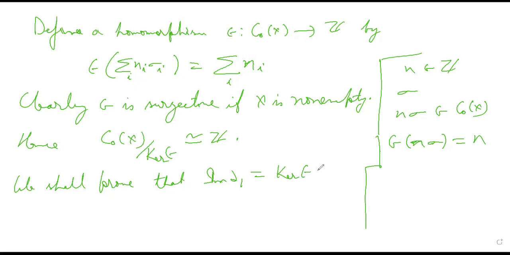Now, if we can prove it, then our zeroth homology group, which was this C naught x quotiented by image boundary 1, right? If we can prove this, then this is nothing but C naught x quotiented by kernel epsilon, but this is actually Z, right? Hence this becomes Z. So if we can prove this, then we are done.